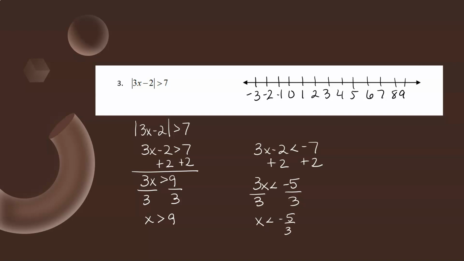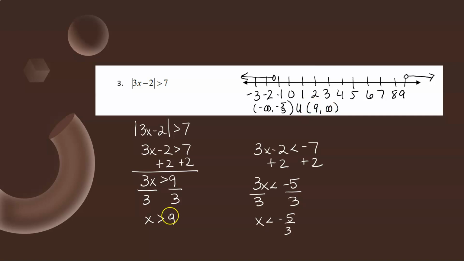That's really negative 1 1/3, which is right here. It'll be open, and the numbers that are less than are to the left, and then greater than 9, like that. Okay, so we have negative infinity at the far left, and we have negative 5/3, but it's open, so you use a parentheses. You have 9 here, and infinity.